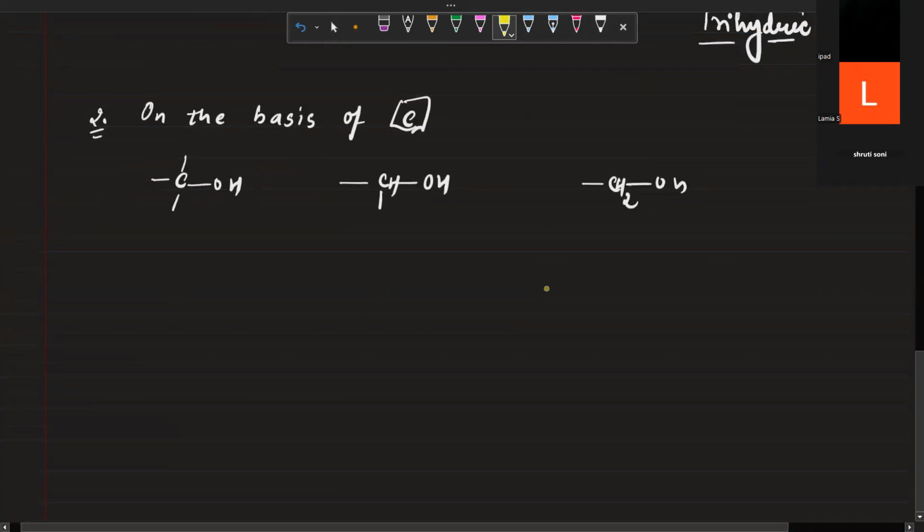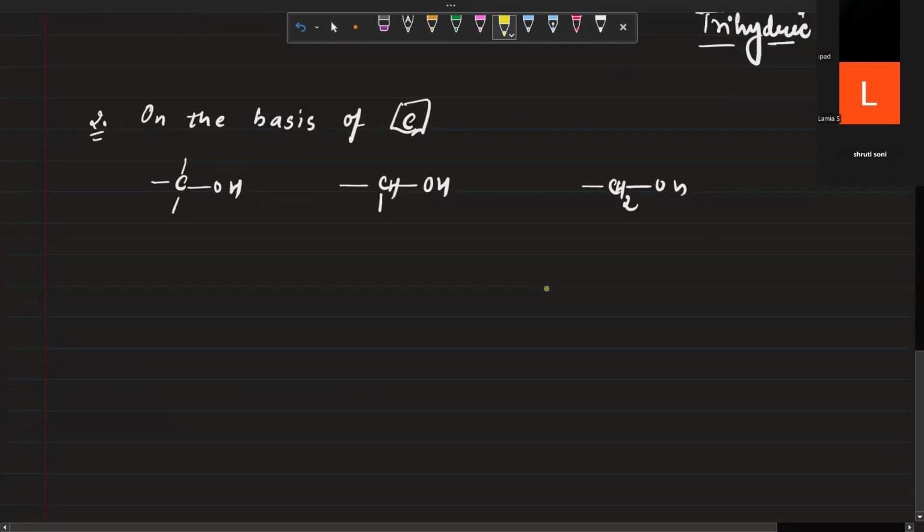The difference is how many substituents there are on the carbon, outside of hydrogen, the number of hydrogen substituents, right?